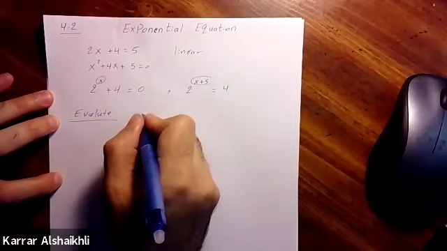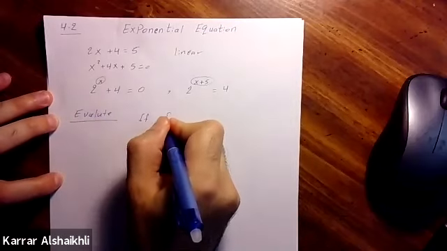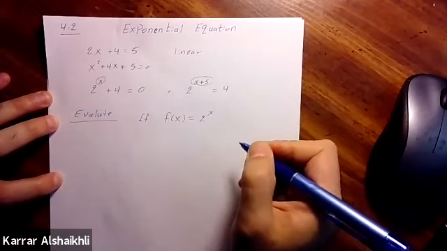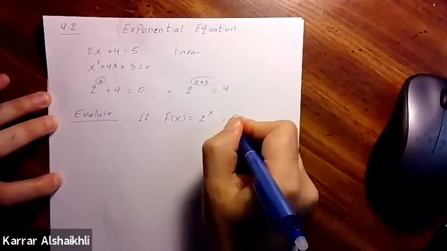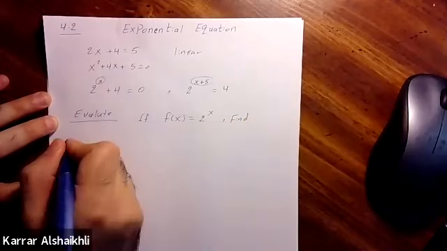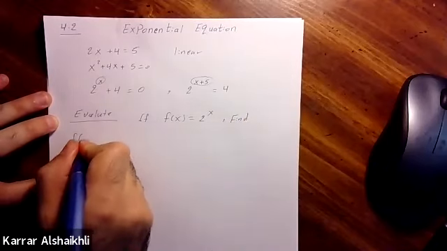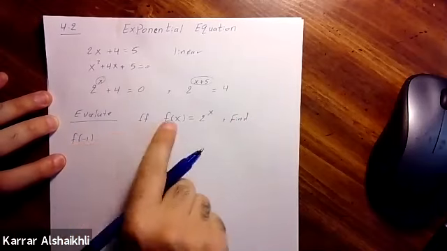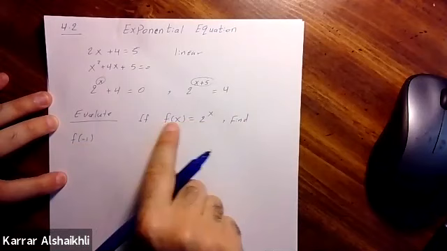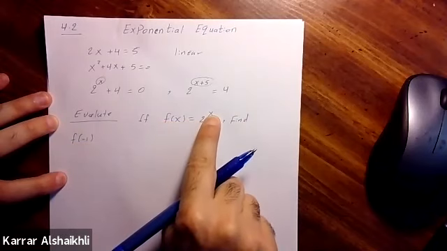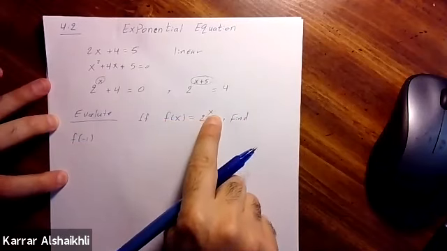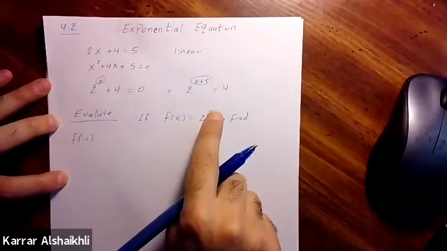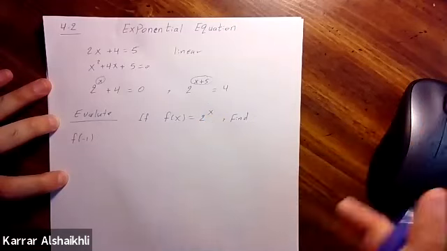For example, if you have f of x equals 2 to the exponent x, and they ask you to find f of negative 1, check the equation of the function: f of x equals 2 to the power x. That means this is called an exponential equation, because the variable x is an exponent.